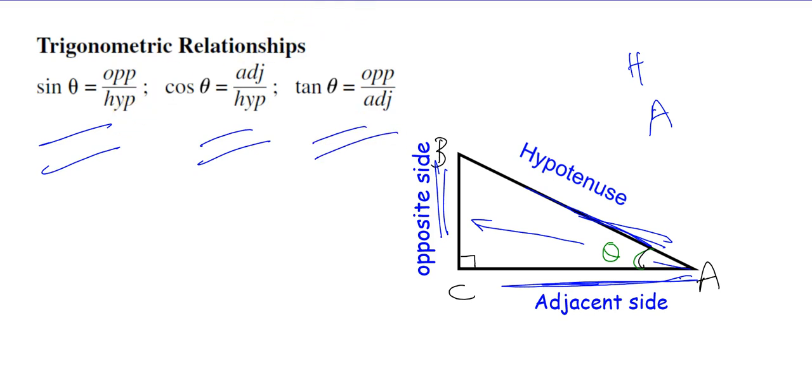In short, some people remember it as SOH CAH TOA: sine, opposite side over hypotenuse; cosine, adjacent side over hypotenuse; tangent, opposite side over adjacent side.